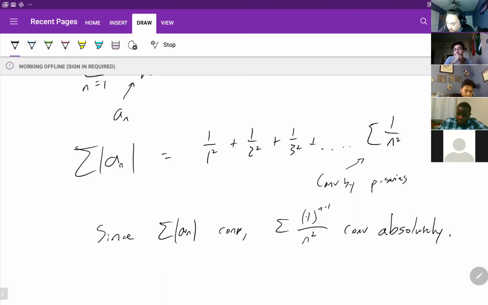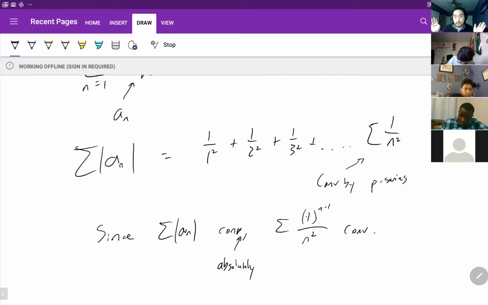Oh, I think I mixed that up. Sorry, we just say that the second piece converges. So since this converges, because we put absolute values on it, since the absolute value of a sub n converges, we say that without the bars, it converges.